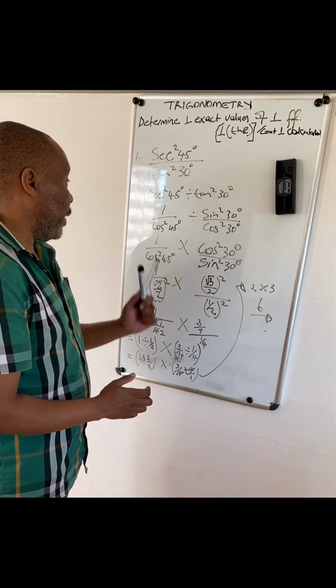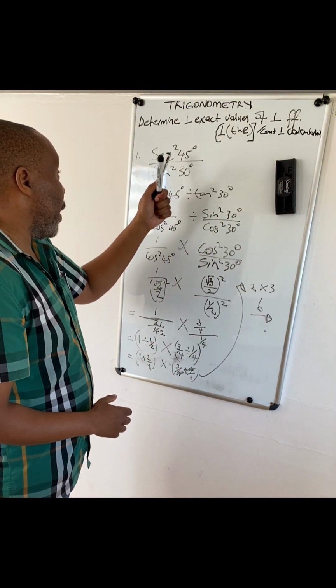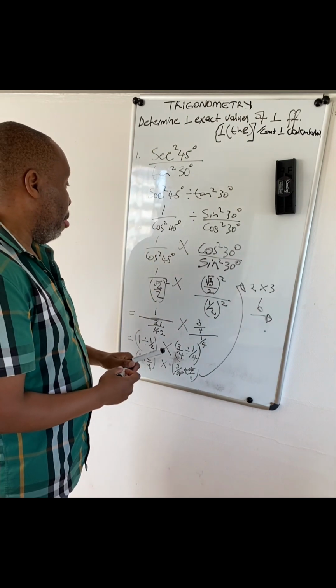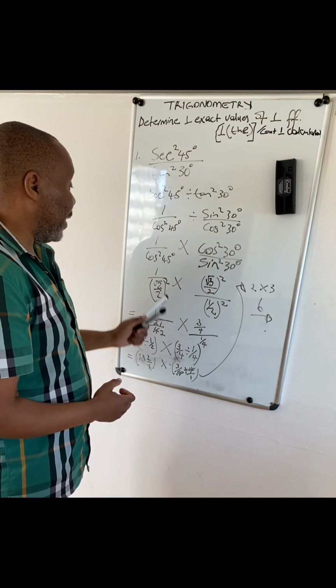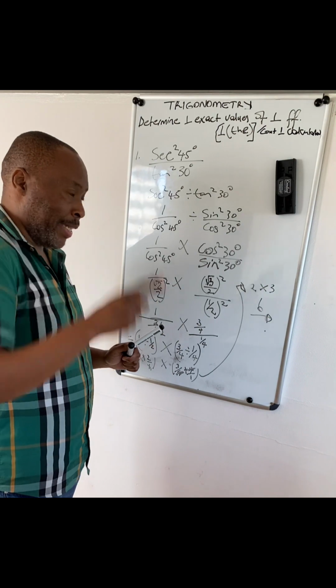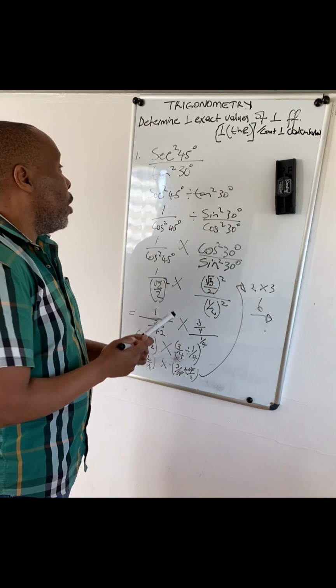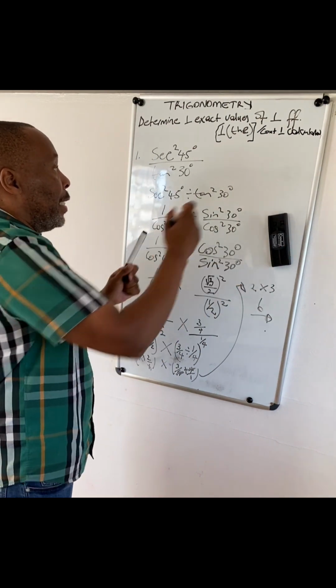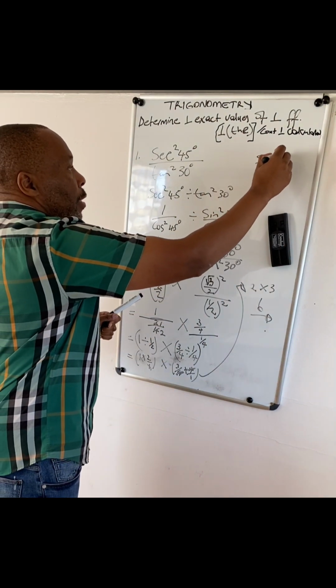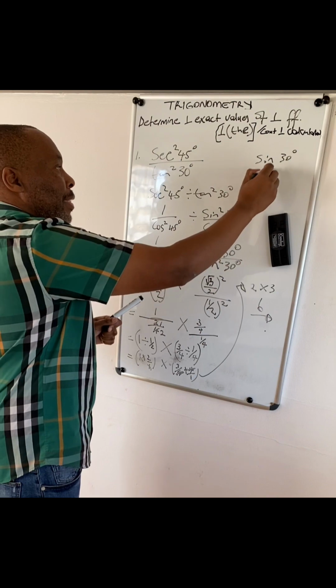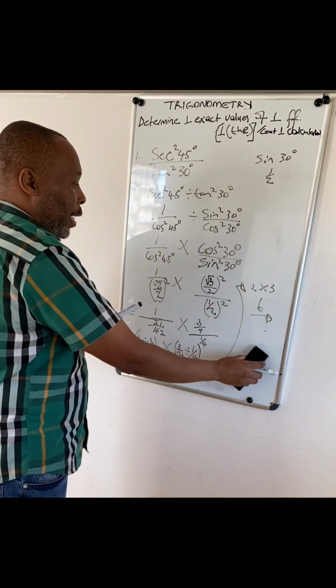So it's important here, remember, you are given squares. These squares represent that your values are now squared. It's no longer a single value. Initially, we were given sine 30 degrees, and this is half, right?